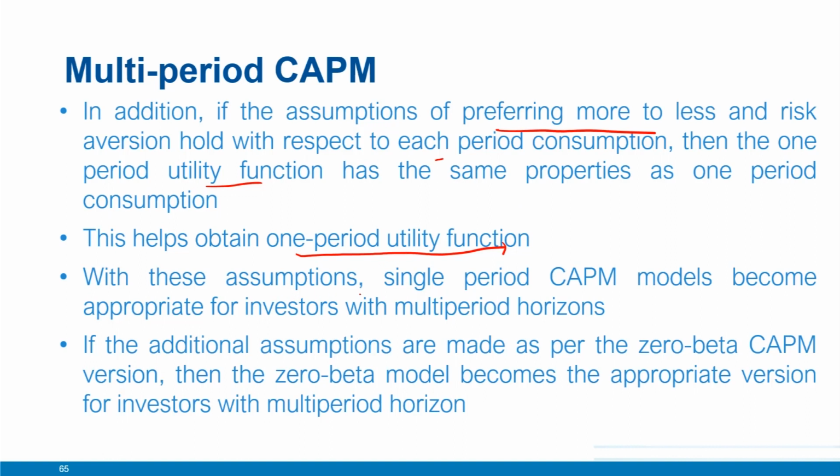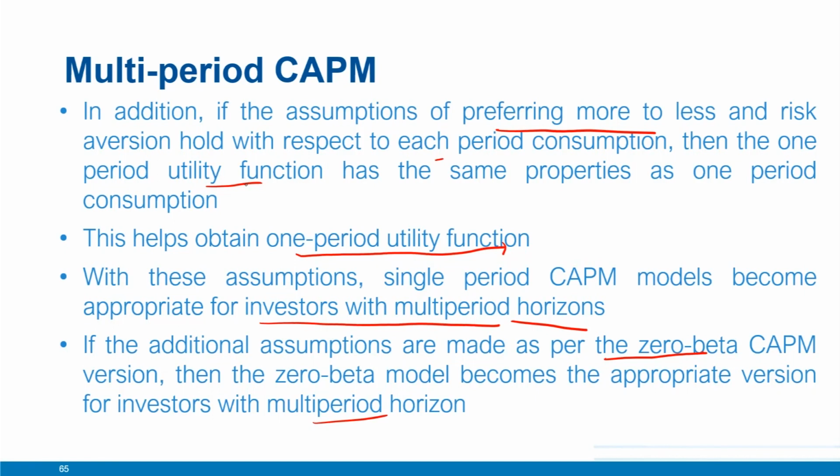So with these assumptions, single period CAPM models become appropriate for investors with multi-period horizons of investment and consumption problem and multi-period utility maximization. Similarly, if the additional assumptions are made as per the zero beta version of the CAPM, then the zero beta version model becomes the appropriate version for investors with multi-period horizon.